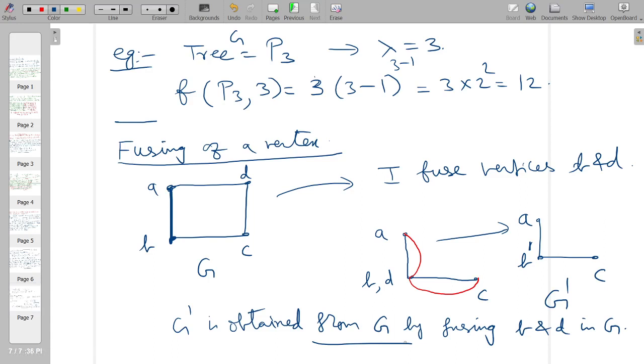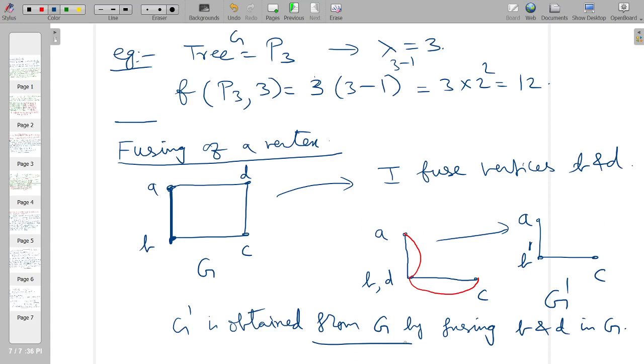That will be the fusion of two vertices in a graph G. This is the same kind of operation as removing a vertex or removing an edge. So this fusion of vertices has to be remembered.